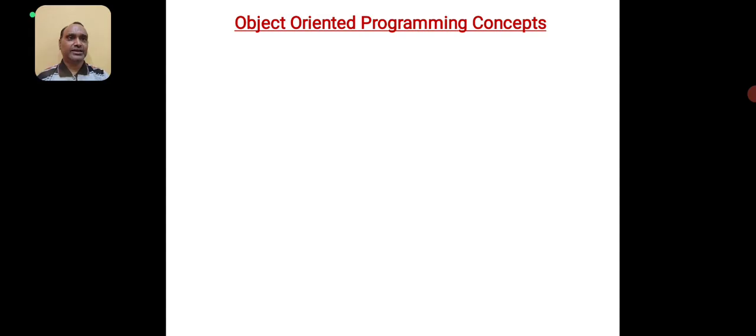There are certain features to say that any programming language is an object-oriented programming language. It should follow certain principles. So what are those principles?